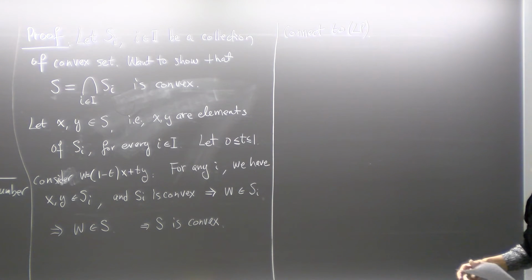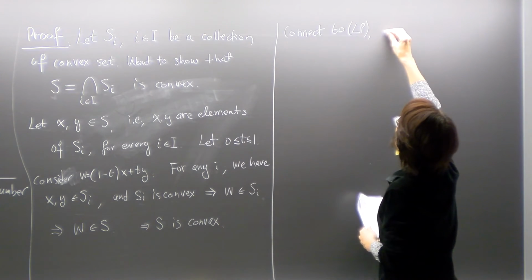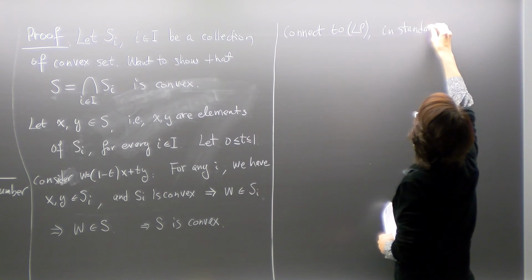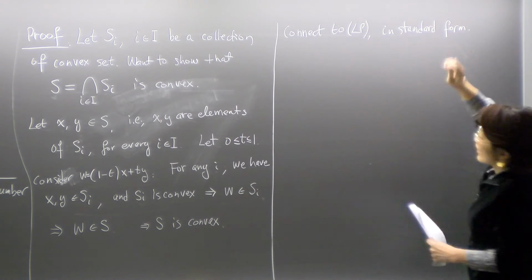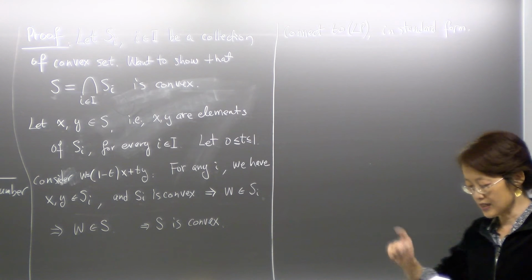To make the conversation simpler, let's stick to standard form. If it's not in standard form, you can always add a slack variable or artificial variable and make it into standard form. So the constraints will all be equal sign. I don't consider less than; you can discuss that, it just will be a longer discussion. Let's say it's all equal sign.